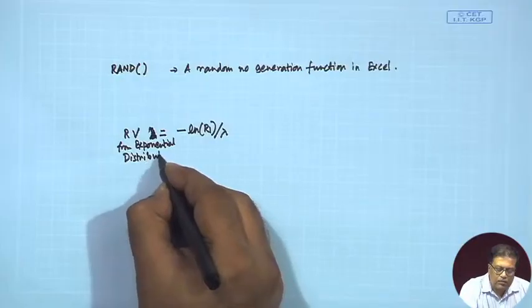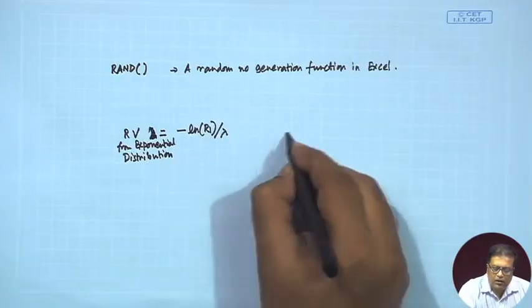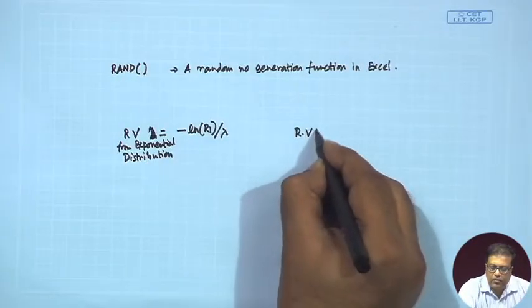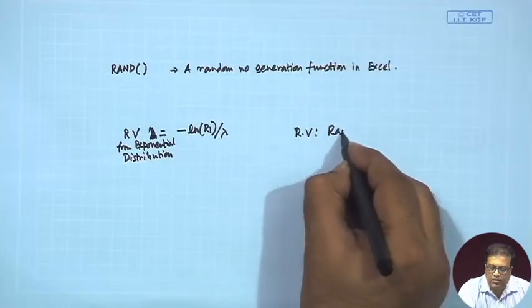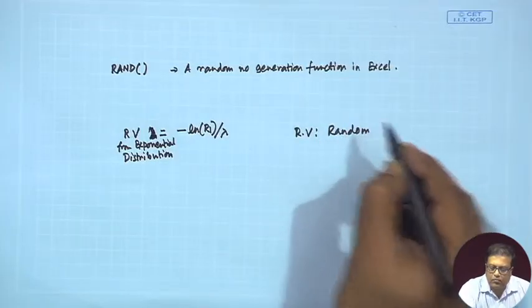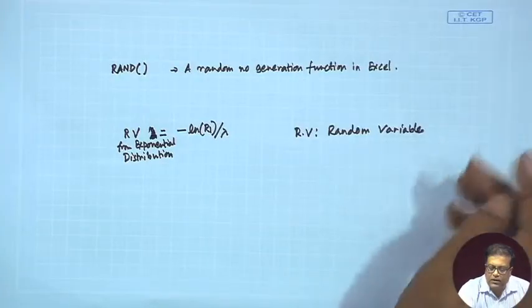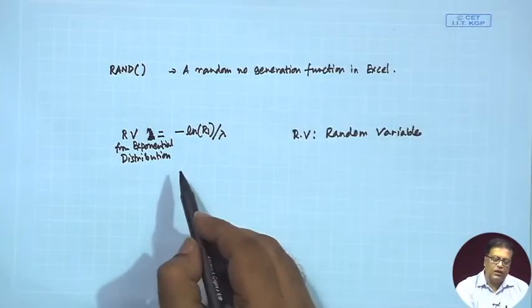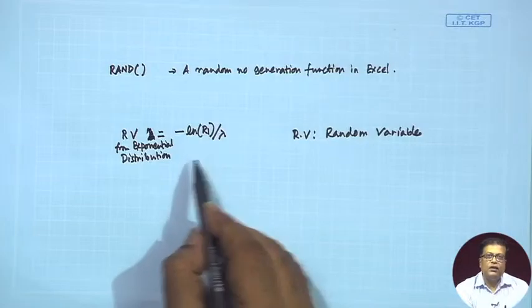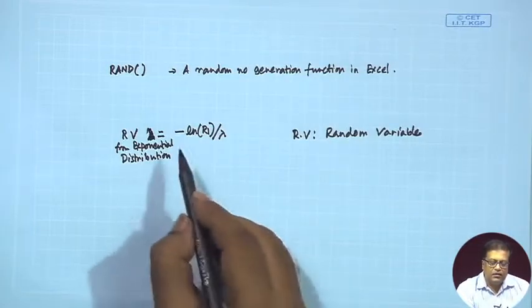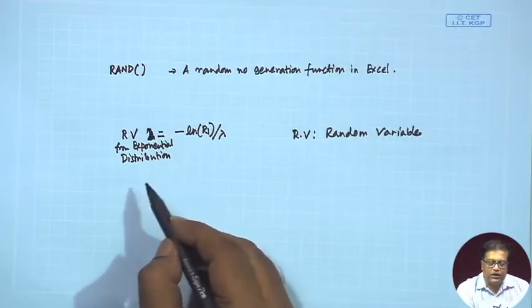And what is RV? RV is random variate. So we see that we have this formula which we have derived earlier, the random variate for the exponential distribution.